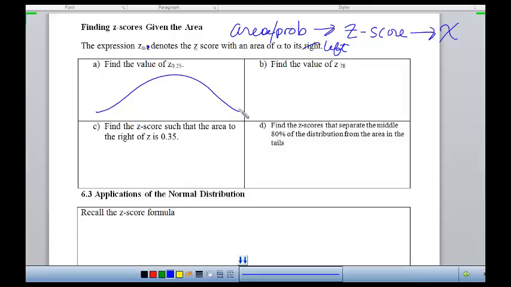But I'm going to put a line along this curve such that I've got about 0.25 to the left. Should that line be on the left side or should it be on the right?